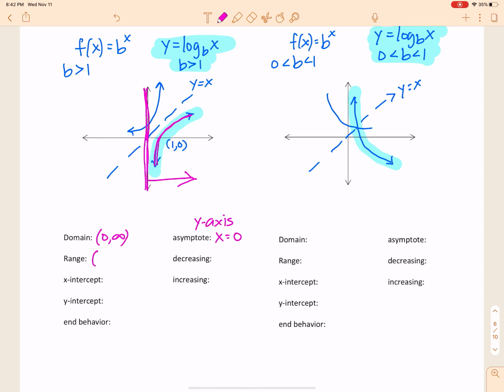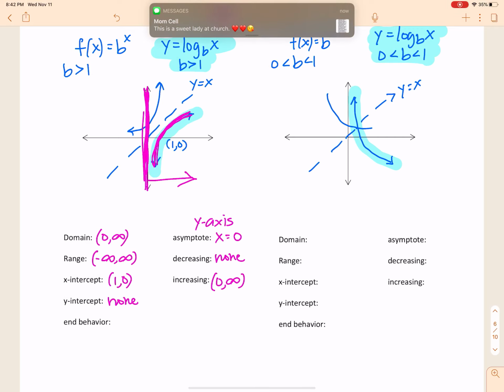The range this time is going to be negative infinity to positive infinity. It is not decreasing from left to right, it's increasing. See how that moves up right there? So it's increasing from 0 to positive infinity. There is an x-intercept at (1, 0). We do not have a y-intercept. The end behavior is a little bit different for this particular problem since we've got a vertical asymptote.